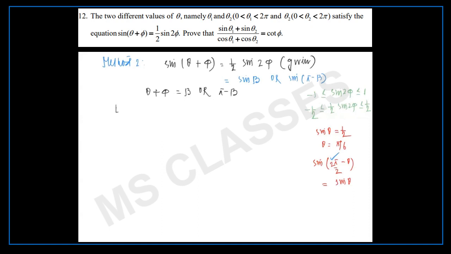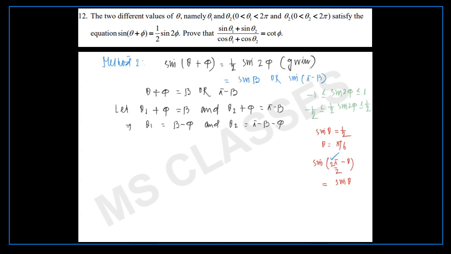So I take theta 1 plus phi equal to B, and I have another angle, theta 2, so that one will take pi minus B. So that gives us theta 1 equal to B minus phi, and theta 2 will give us pi minus B minus phi.